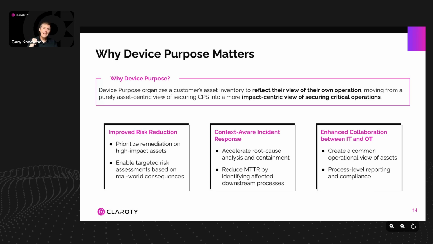The other thing is incident response. Having that context makes your incident response dramatically faster. I cannot tell you the number of times that I've had an OT SOC call out to a site and tell them, hey, we need to do a response on this PLC at this IP address. And the site doesn't know what that is, right?